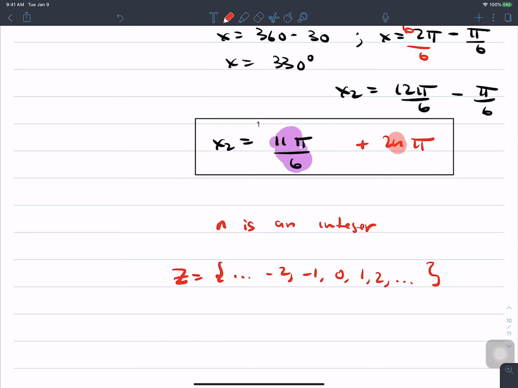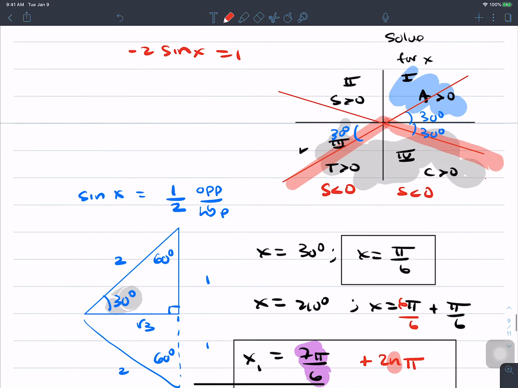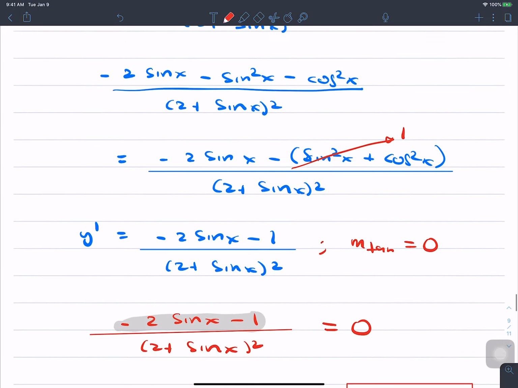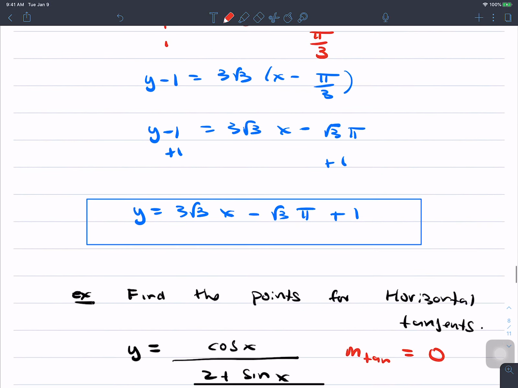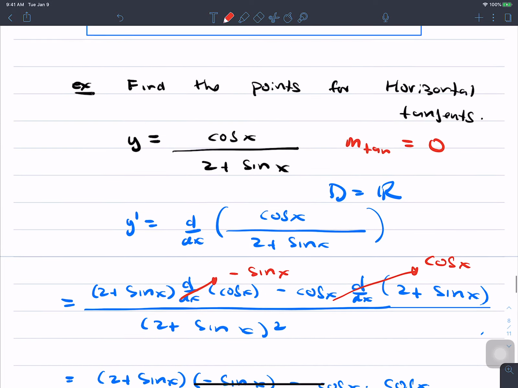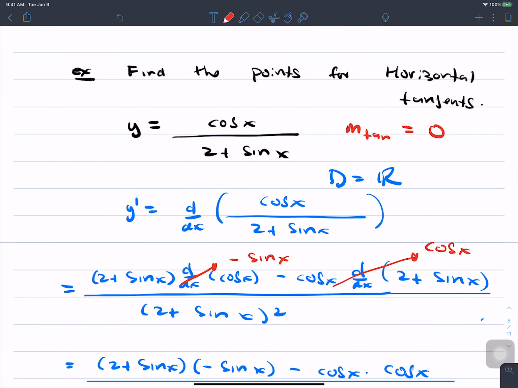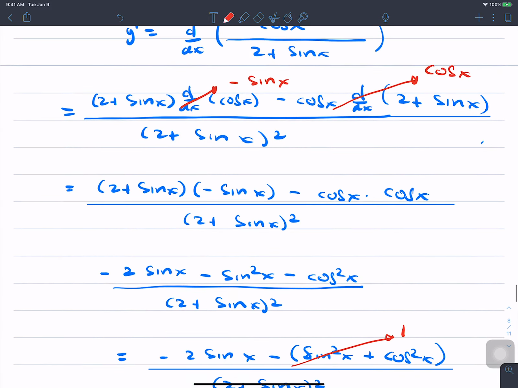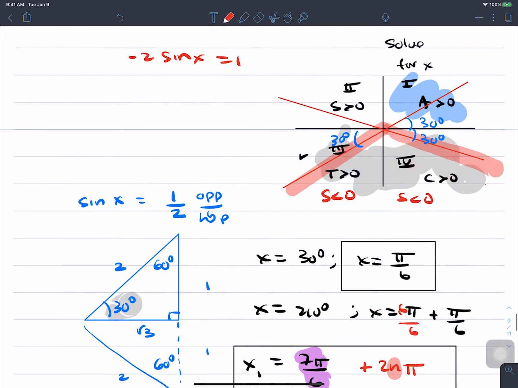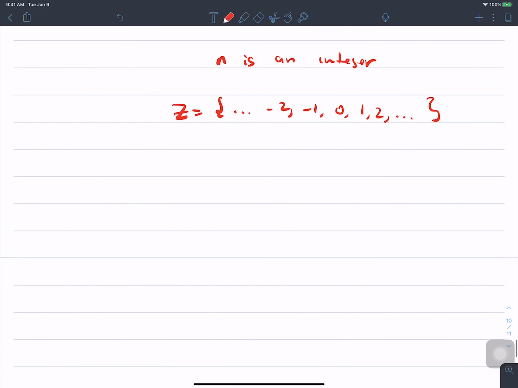Z is a set of all integers. So you can change those values of n, and you get all these locations. So this curve is periodic. So I'm just going to say this. We just found locations here. Okay. We found the x values. You say, how would I find the y values? We'll plug in these x values in general, and you get these locations here. So that's another example of finding horizontal tangents with trig functions.